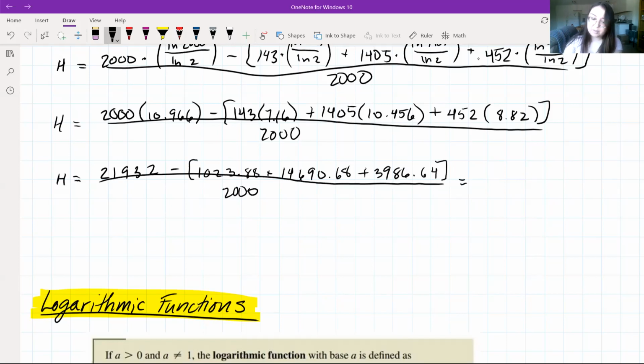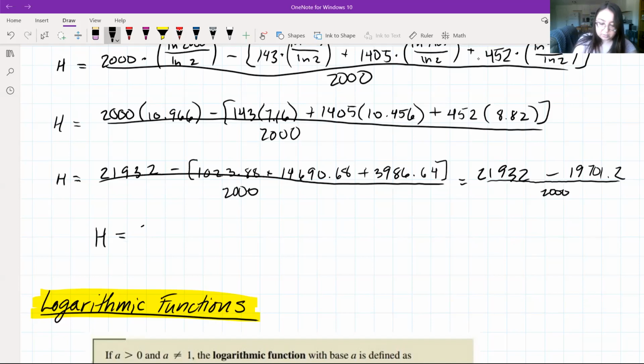And if we add up all of our terms in our brackets there, we'll end up with 21,932 minus 19,701.2. This is all still being divided by 2,000. We can subtract those values from each other, and we're left with 2,230.8 divided by 2,000.